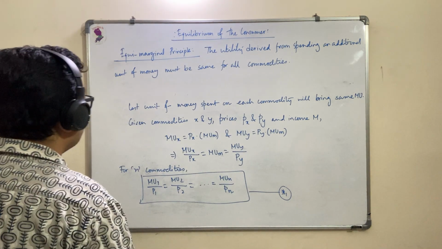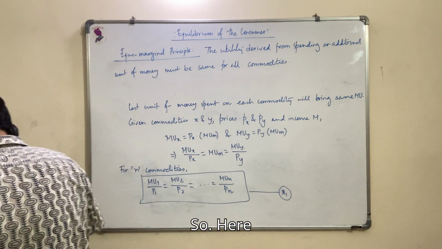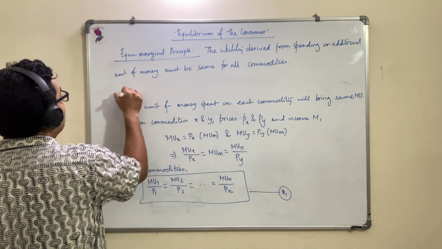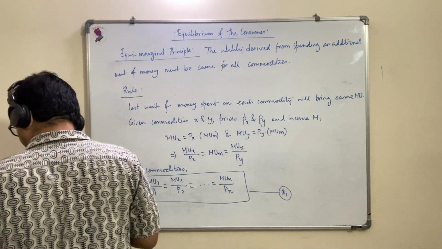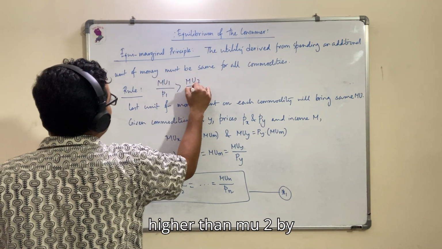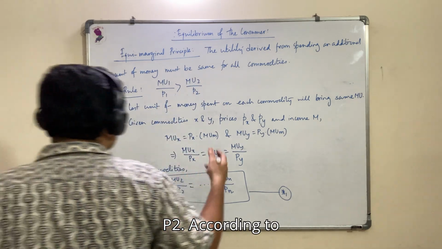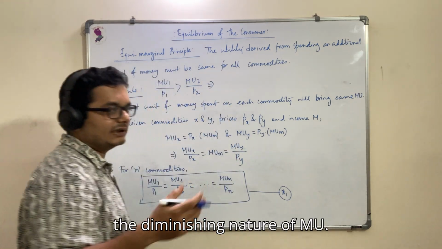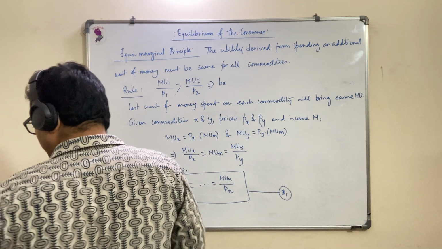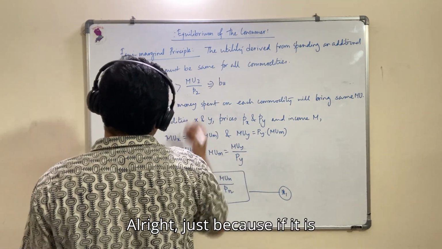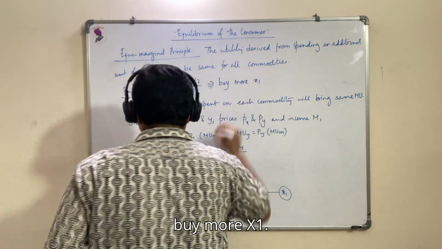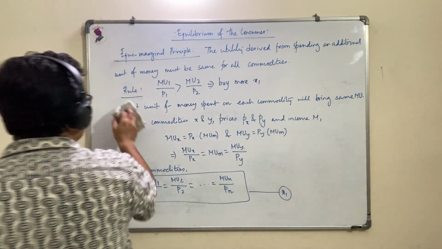Okay. So here then what is the rule? The rule is this: if MU1 by P1 is higher than MU2 by P2, then according to the diminishing nature of MU, or just because it is higher, buy more x1, right?